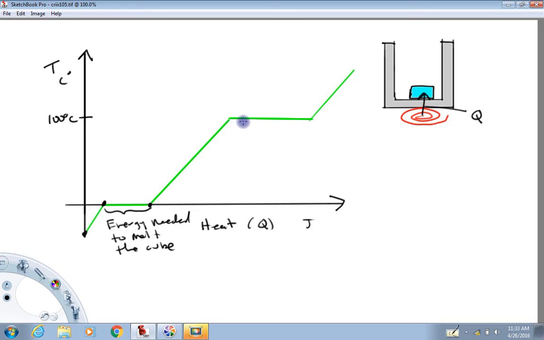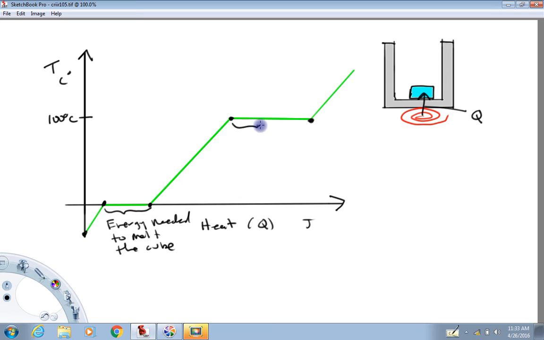As we move to the right, we're now vaporizing the water. And at this point right here, all of that ice cube would be steam at 100 degrees centigrade. Backing up to this point, all of that cube would now be liquid at 100 degrees centigrade.